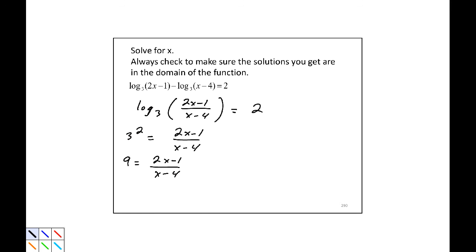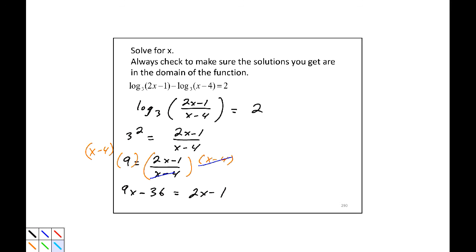So we can multiply both sides of our equation by x minus 4 to clear the fractions, clear our denominators. So on the left-hand side, we arrive at 9x minus 36 equals, and the denominators become a 1, so we have 2x minus 1.